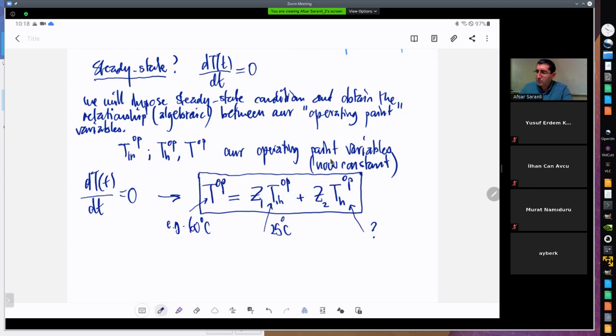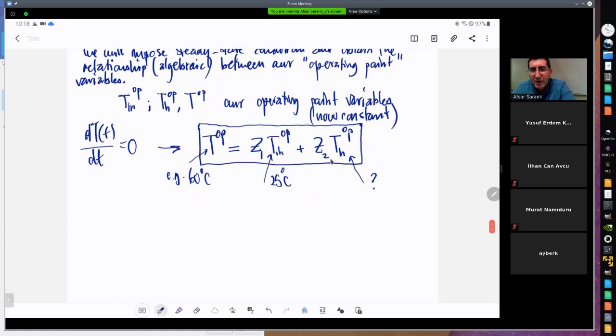Okay? Can I ask you a question? Sure. With your name, please. Ege. Okay, go ahead. In this equilibrium concept in general, if we select a variable T in, for example, an equilibrium point, operating point variable, there's only one unique variable for the output, right? For example, if we select 25 degrees and T in and TH is something else.